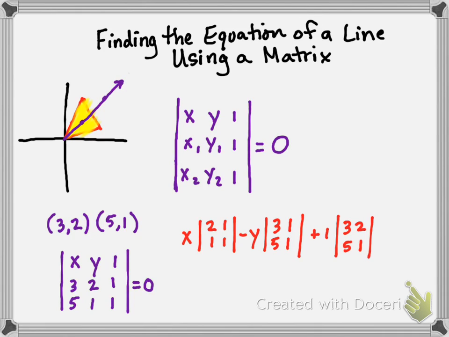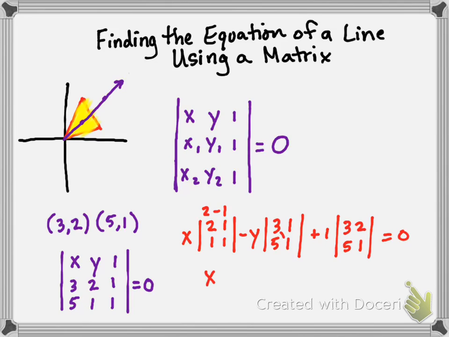Now, finding the determinant and combining it all together, we know that this determinant is equal to 0. So I'm going to use what I know about finding the determinant to simplify this expression. Finding the determinant of the first matrix and multiplying by x, we get 2 minus 1, which is 1, times x, which is x.